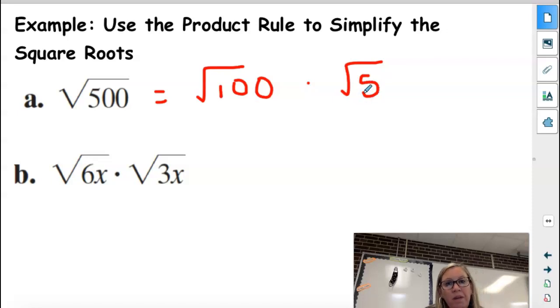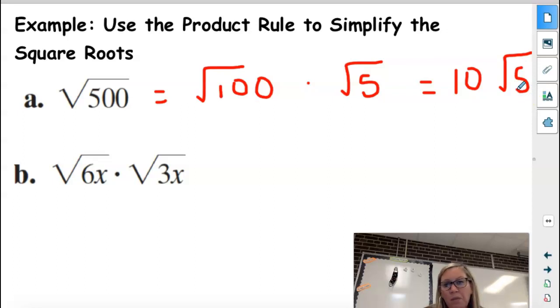And then you would simplify that square root of 100, which is 10. And then the square root of 5, you can't do anything with. That's as far as you can go. So your final answer is going to be 10 square roots of 5.